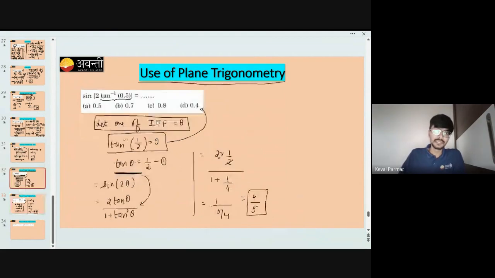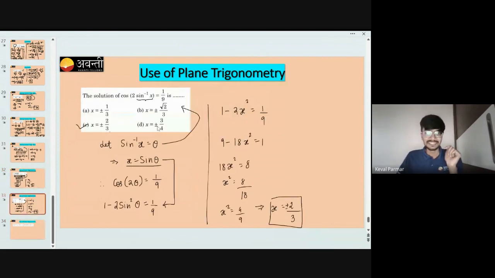We use it by assuming one of the inverse trigonometric functions as theta. So here in this question, there was the inverse trigonometric function sine inverse of x. So we assume sine inverse of x as theta. Now by definition, I can write x equals sine theta. So these are my two equations here.